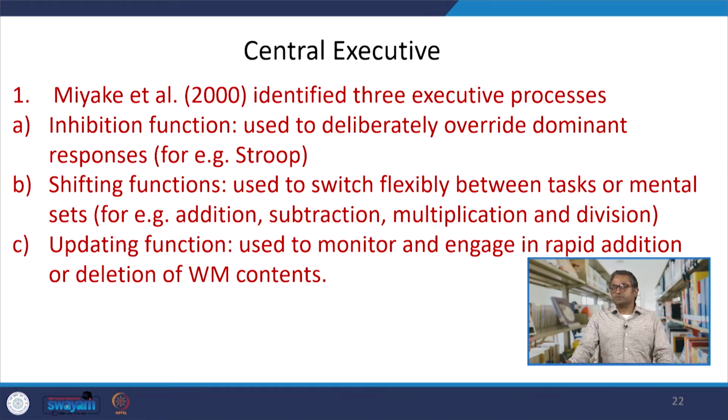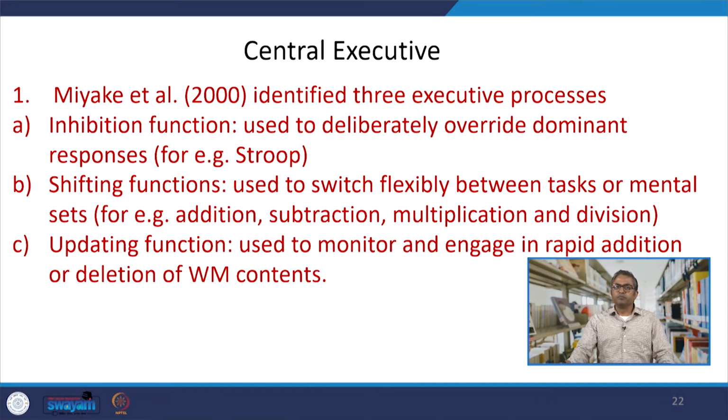Miyake and colleagues in 2000 reported that instead of the 4 executive processes which Baddeley proposed, we have 3 executive processes. One is inhibition, blockage. But this inhibition is no different than selection of information, like the attentional system is selective in nature.